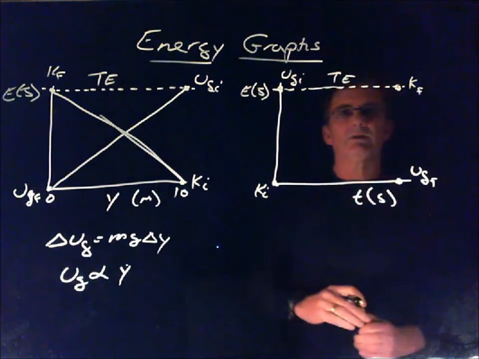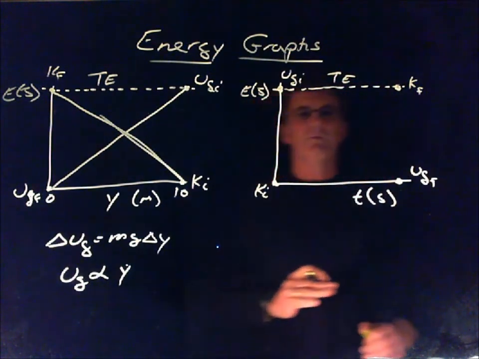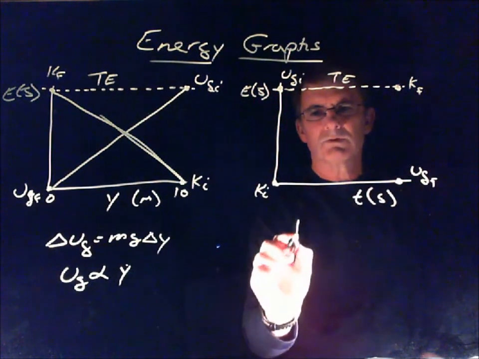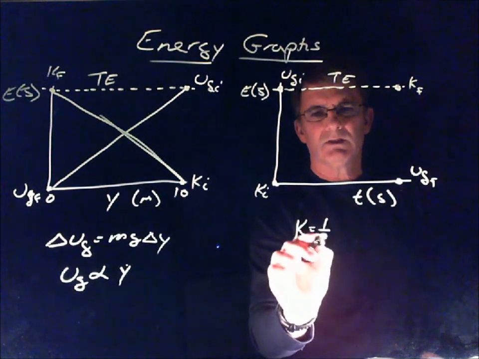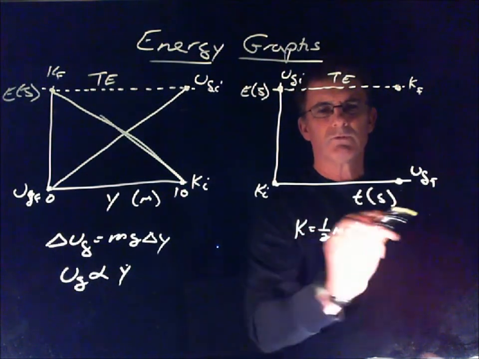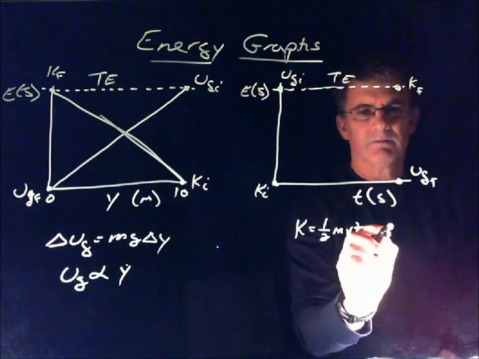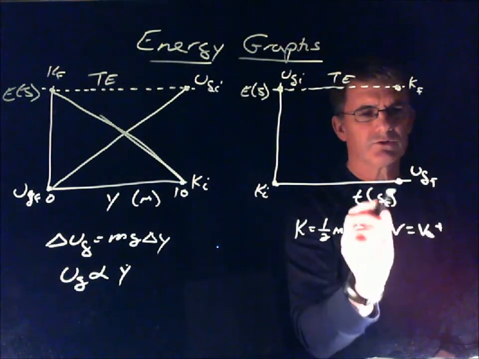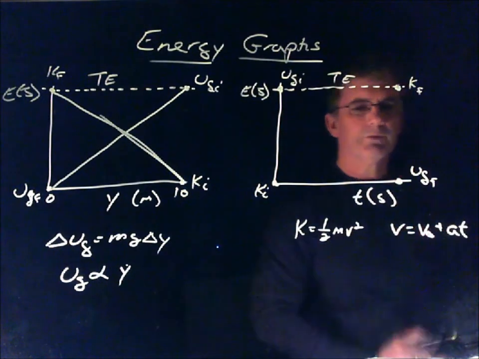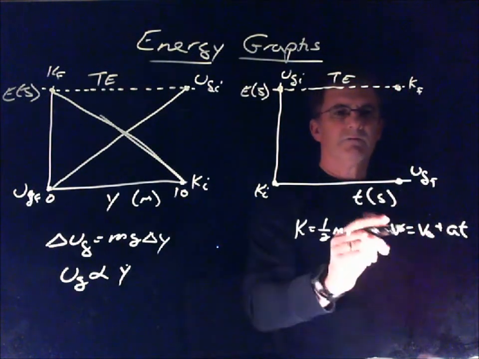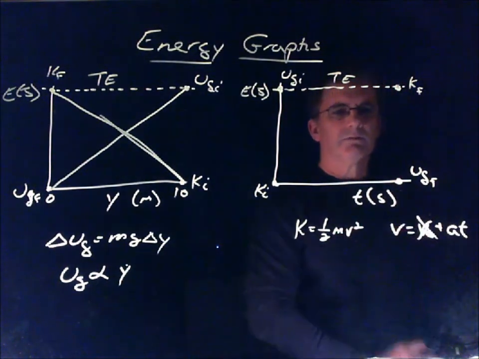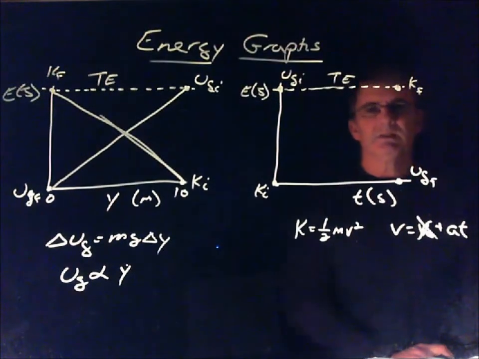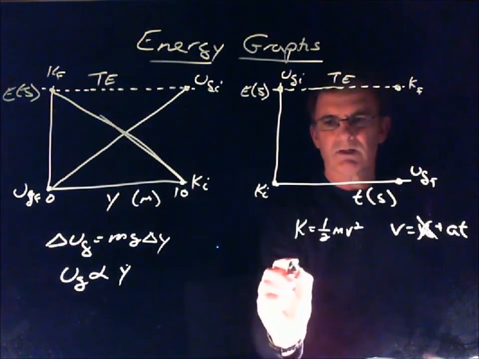Now, how we connect the points is a little bit different, because here, kinetic energy is 1/2 mv squared. One of our kinematic equations relates initial to final velocity with the acceleration. If our initial velocity is 0, then my final velocity is acceleration times time.